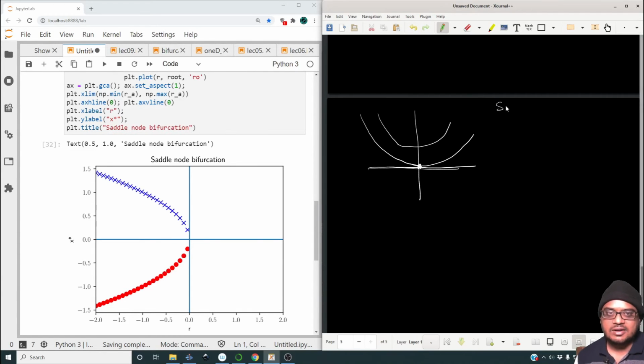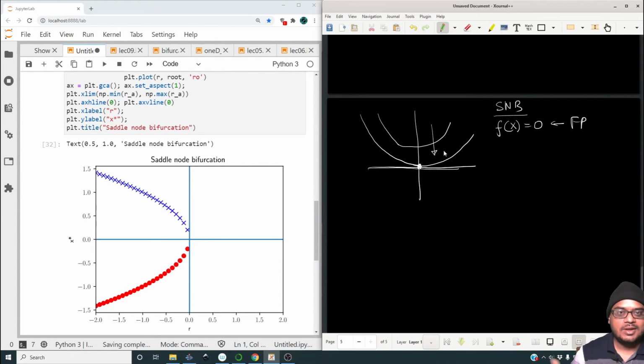So for the saddle node bifurcation, we have what? We have f(x) vanishing. Okay, f(x) vanishing is tantamount to that point being a fixed point. Okay, that's for sure. So we just have a fixed point which appears. And the other condition is it is tangential to the x-axis. So df/dx must also be 0 at that crossover condition.